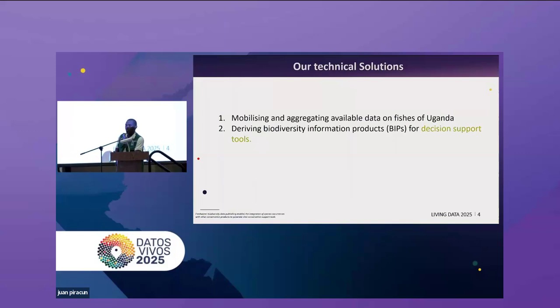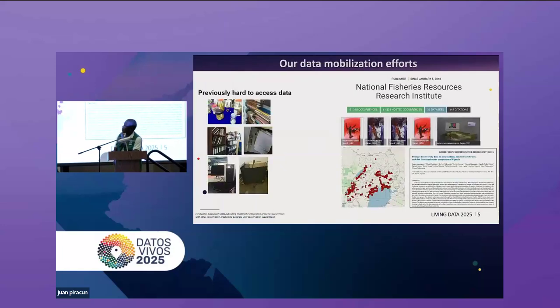That is aggregating all data that is available on the fishes of Uganda, and then using this data to generate decision support tools from it. If you were in the plenary there was a good presentation about data, and we think that this is an important work to address the challenges.